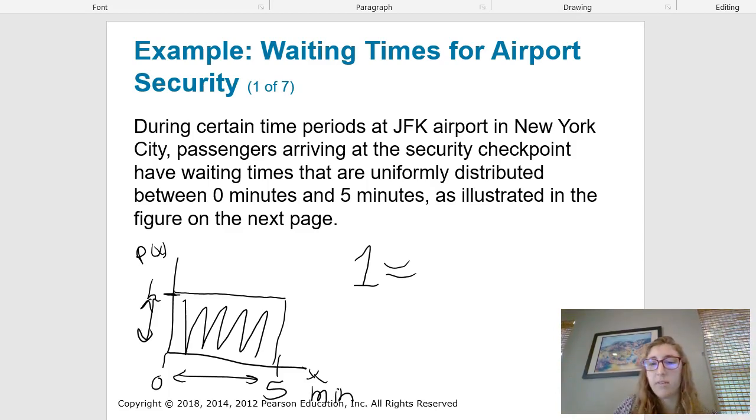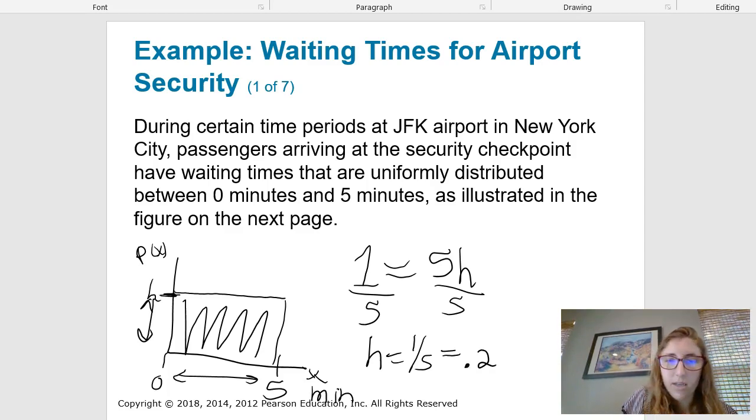The width from 0 to 5 is 5. So how do we solve for h? We divide both sides by 5. So h is equal to 1/5, which is the same thing as 0.2. So this value here is going to be 0.2.